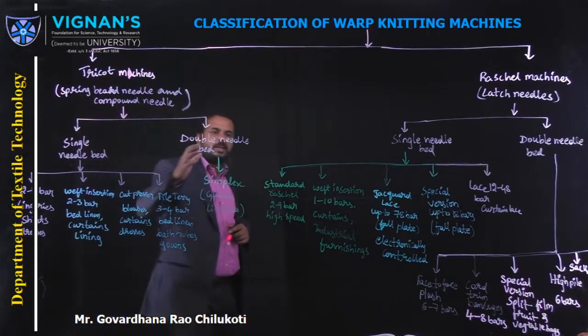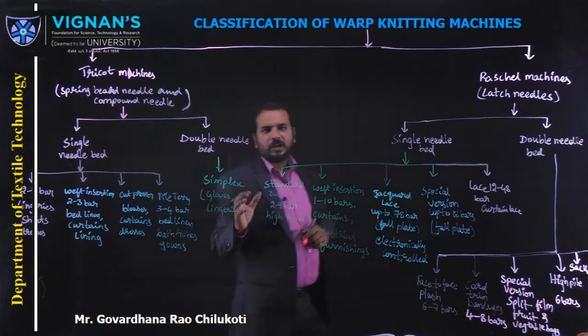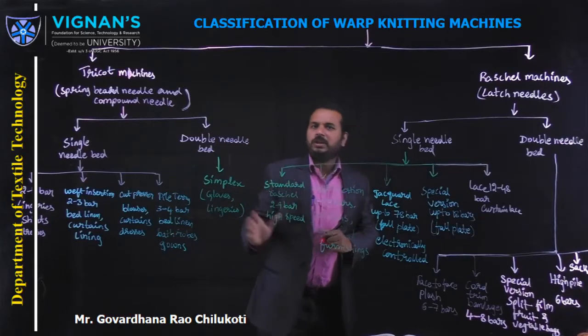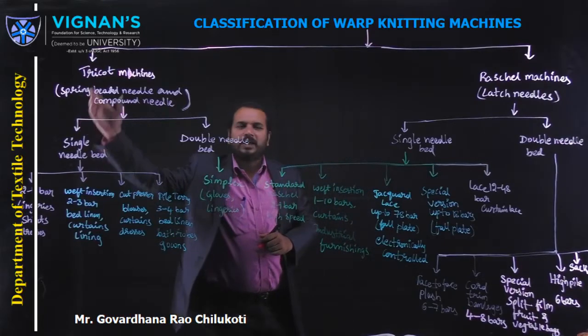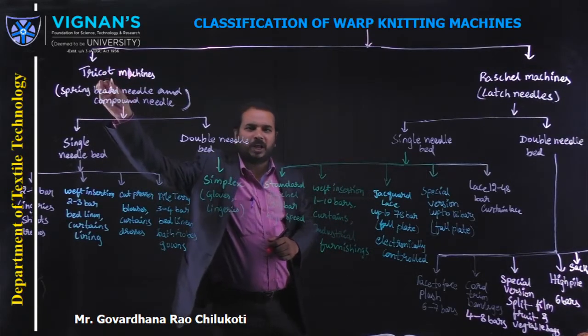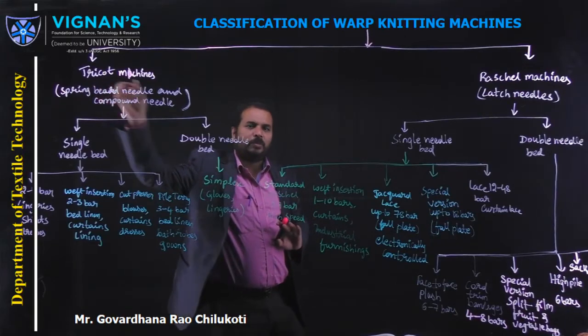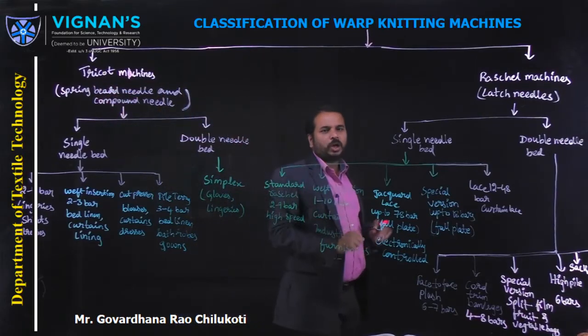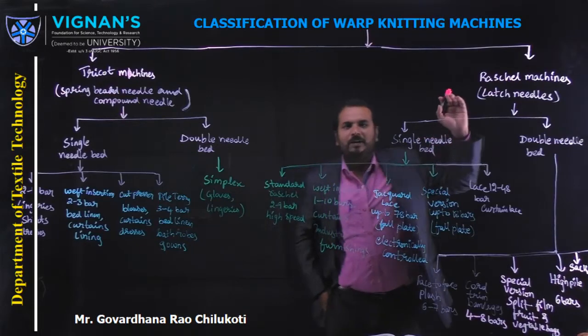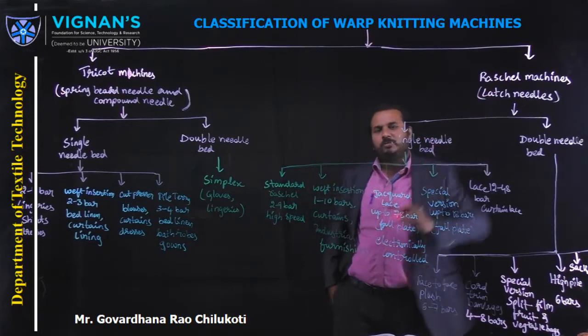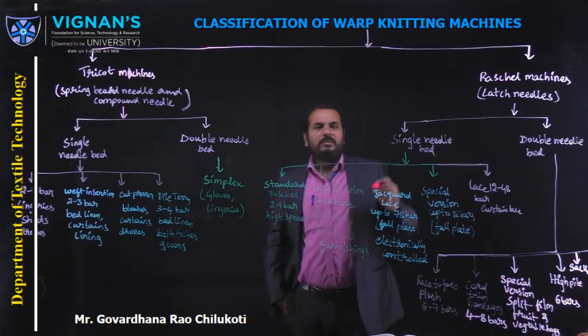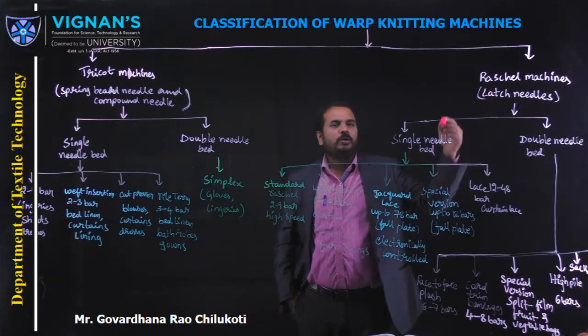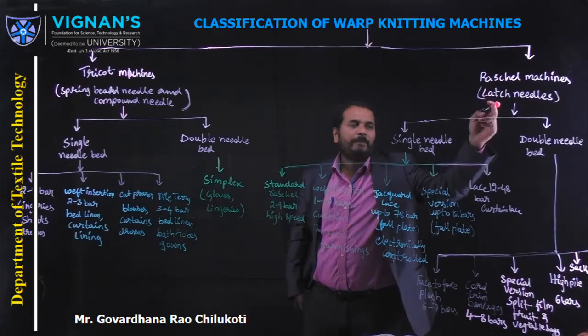If any warp knitting machine uses these two, we can say that machine is called a tricot warp knitting machine. Coming to the second one, the raschel warp knitting machines, here we are using the latch needle.